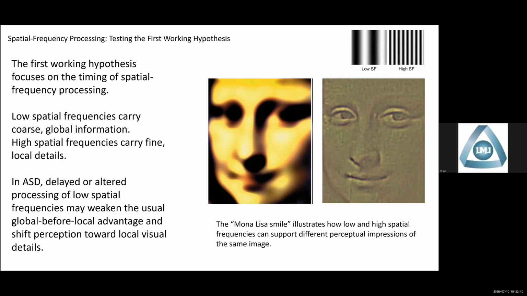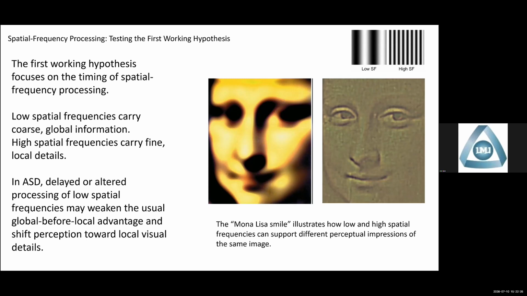visual object shape. I think that we suppose that people with autism, for some unknown mechanism, delay low spatial frequencies, and in such a way they cannot take advantage of global precedence.